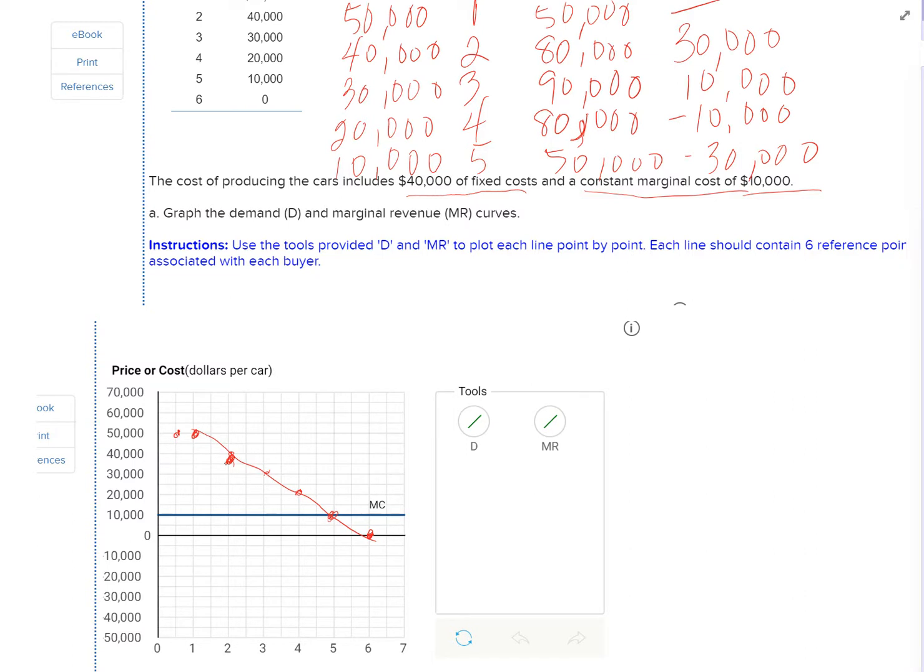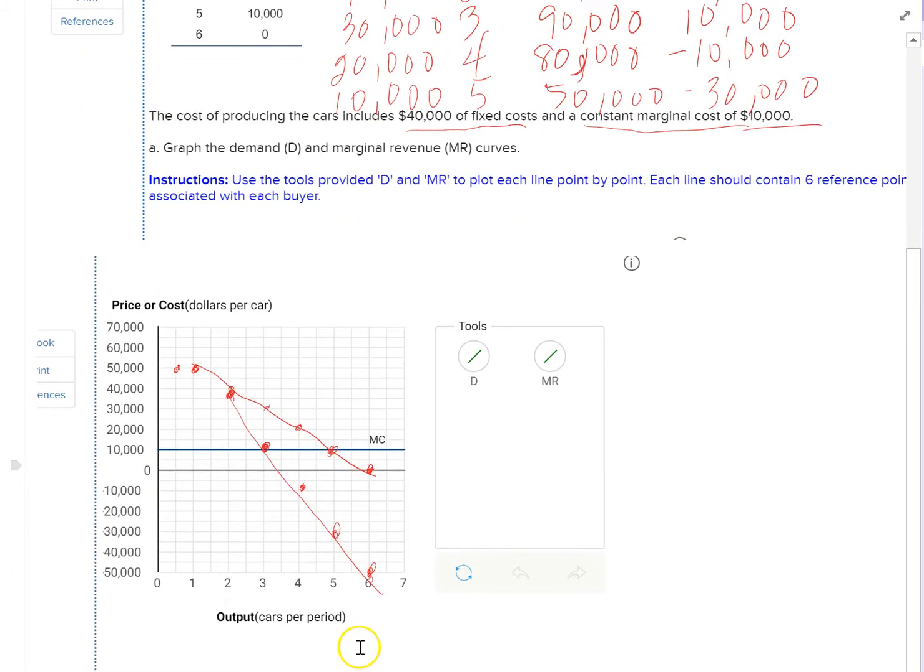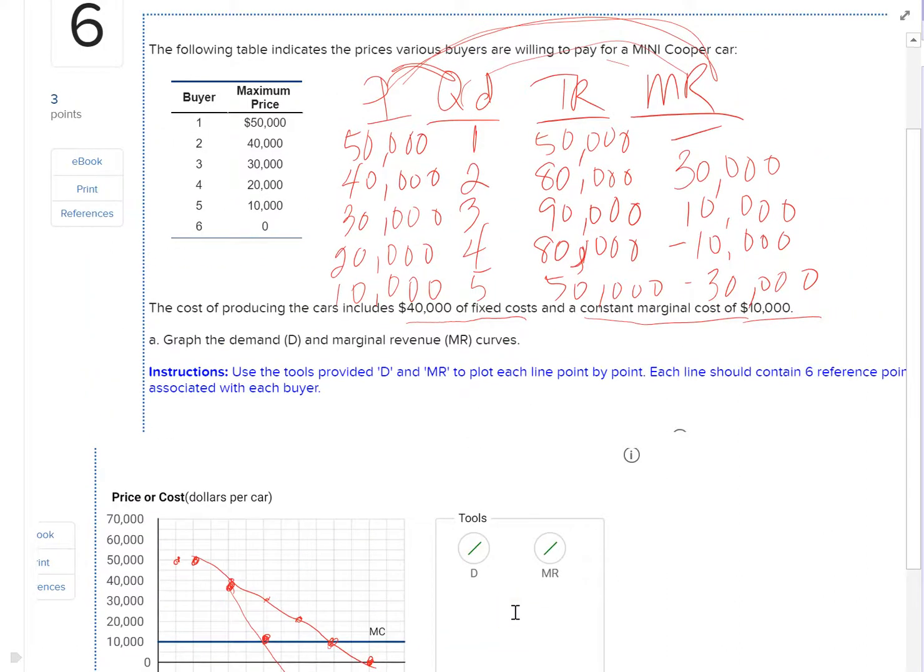At the third one, it's going to be 10,000. Marginal revenue is going to fall here. The fourth one is going to be a negative 10,000. So it's going to sit below. And then the fifth one, negative 30,000. And the sixth one is that negative 50,000. So here's our marginal revenue. It sits below. It's a little strange looking. But we can pull out all that information from what's given to us.